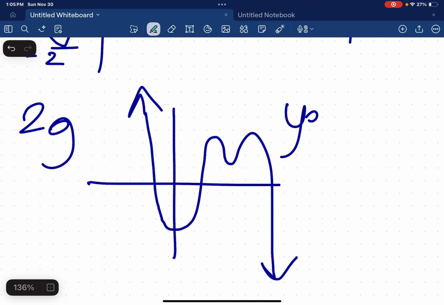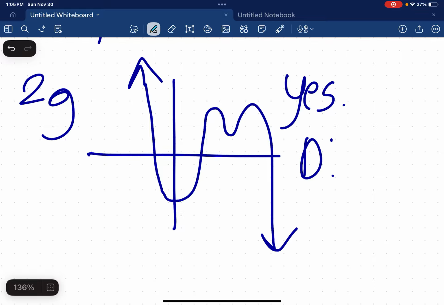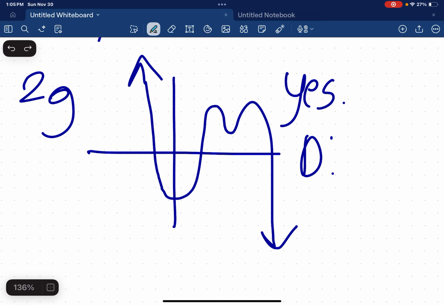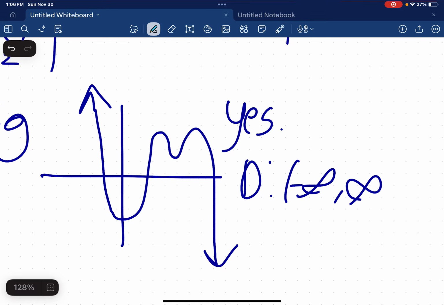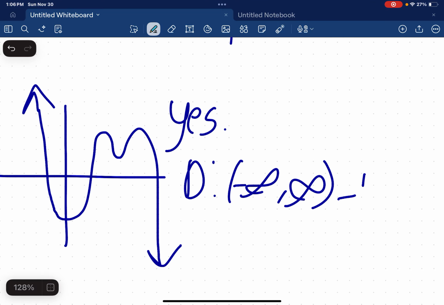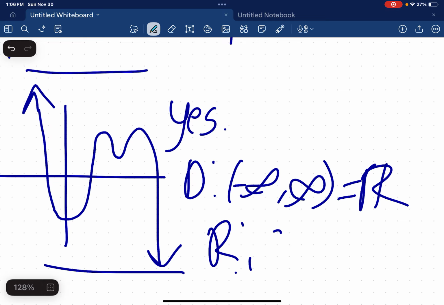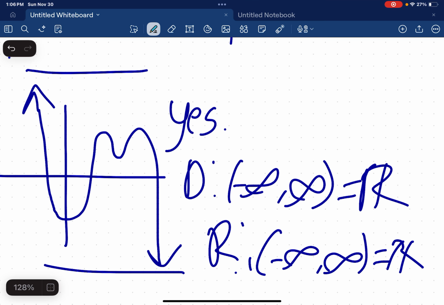So yes, this is a function because it passes the vertical line test, but unlike our other ones, we know that these arrows mean that it just goes on infinitely. So it's going to keep on going and going. So that means our domain is going to be from -infinity to infinity, which can also just be written as all real numbers. And same with our range. It's just going to keep on going from -infinity to infinity, which is just equal to all real numbers.